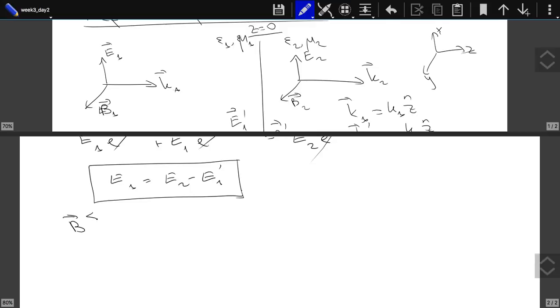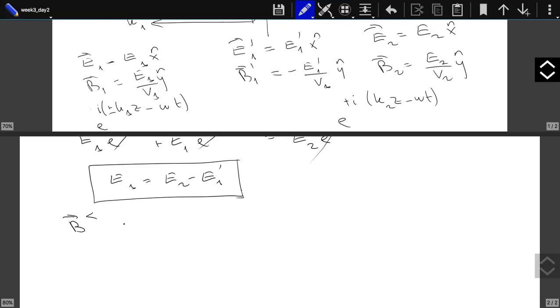On the left-hand side, the B field is E1 over V1 in the y-hat direction, e to the power i(k1z, which is again 0, minus omega t), plus or minus E1 prime over V1 in the y-hat direction, e to the power minus i omega t. This is the magnetic field right on the left-hand side. Well, let me add this.